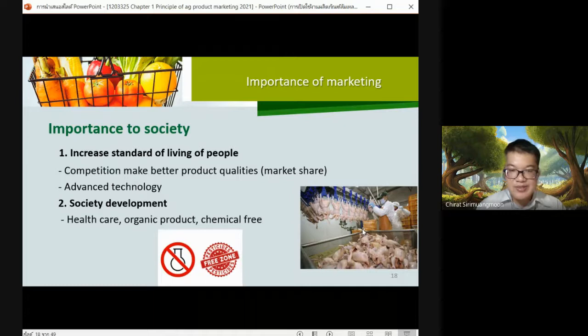So chicken meat, in the past, you consumed chicken that was home raised, like you just let the chicken grow, then you kill it, then you consume it. But for now, because we have high demand for protein, we have high demand for chicken meat to be exported. So we have farm-raised chicken, and many big companies get involved in this case.